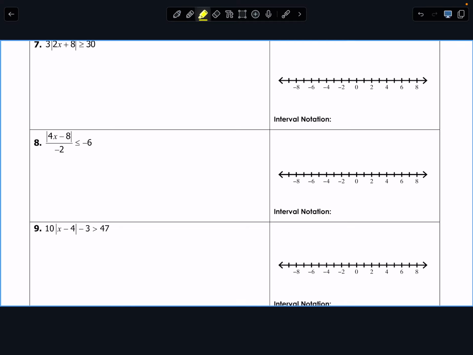So I have this stupid little -2 floating around, I have to have the absolute value isolated first. So I have to get rid of this -2 first, and get the absolute value by itself before I determine what my cases are. When I multiply by a negative number, it does switch the direction of the inequality sign.